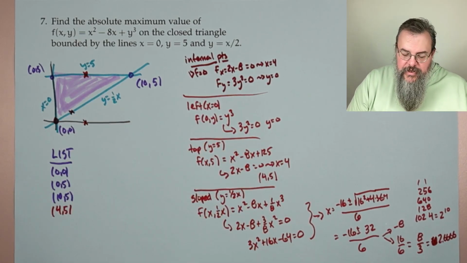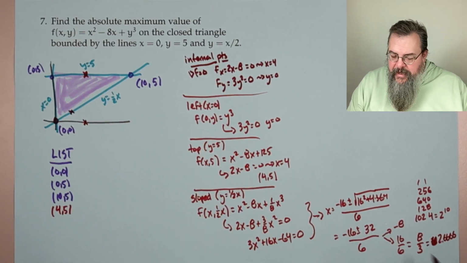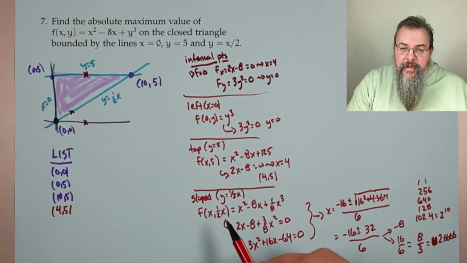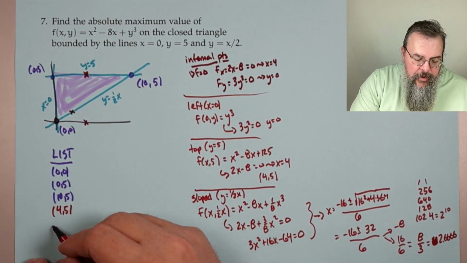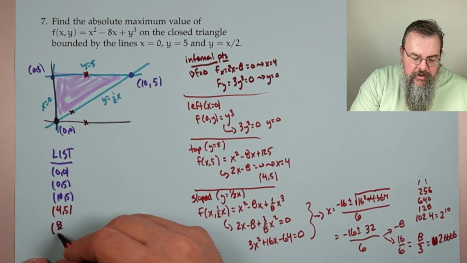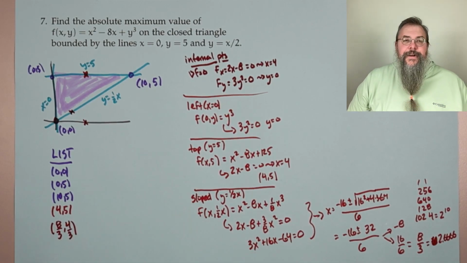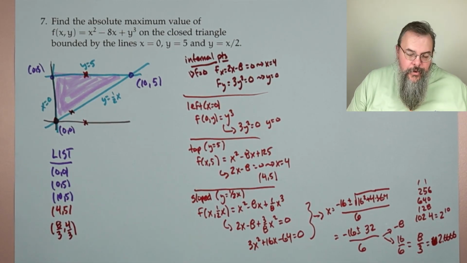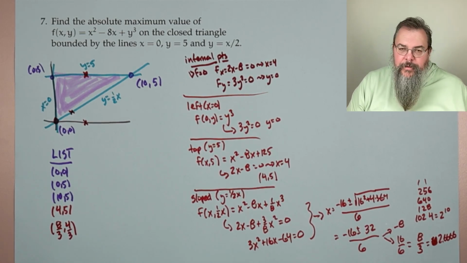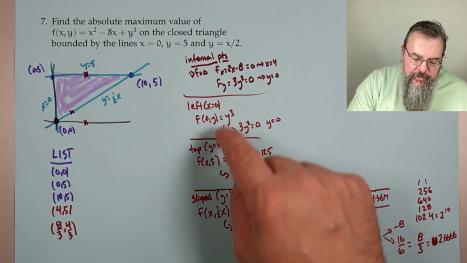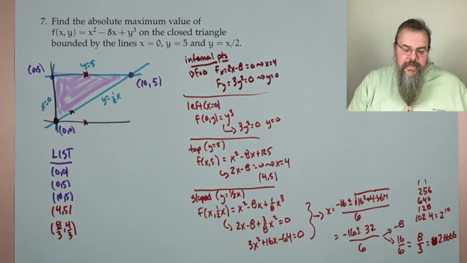Okay, so that's our x value. Remember, y is half that. So our other point is 8/3, 4/3. Okay. Whew. All right. Well, that was a workout. But we've got our left, top, and sloped sides figured out.